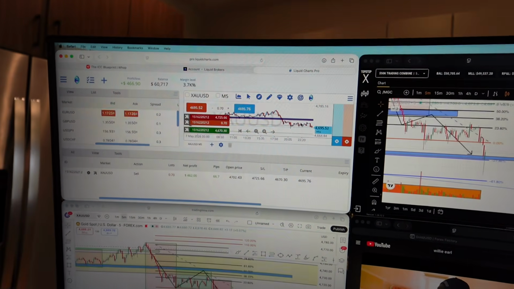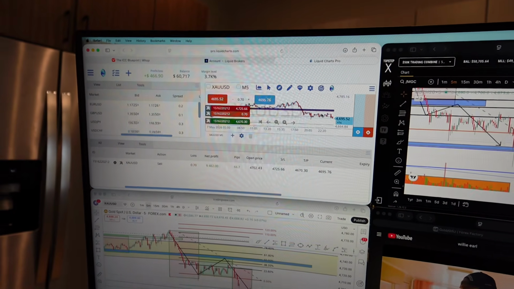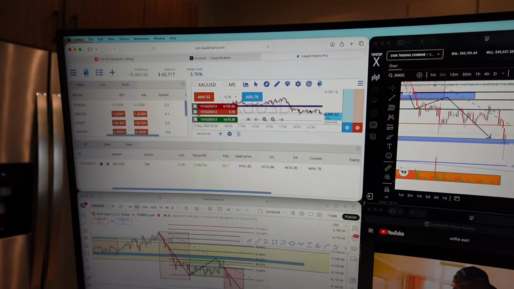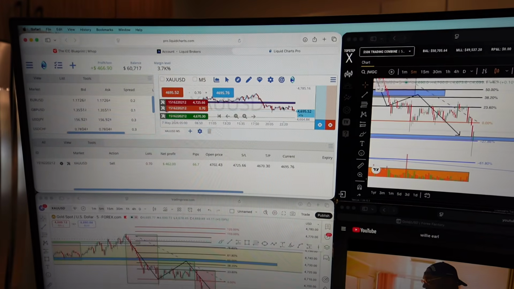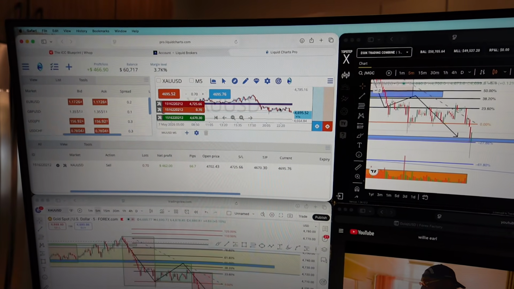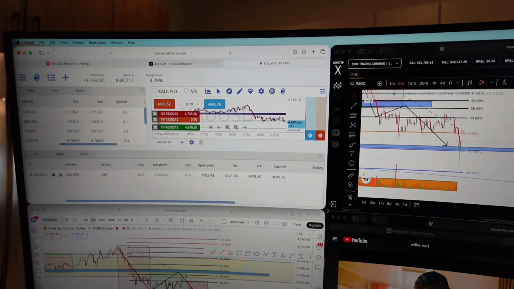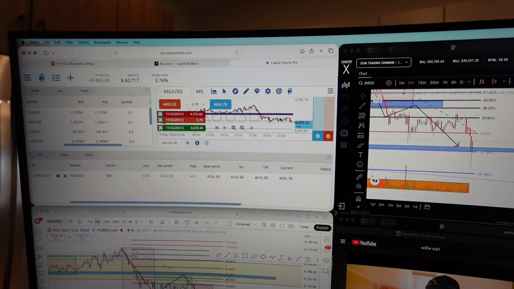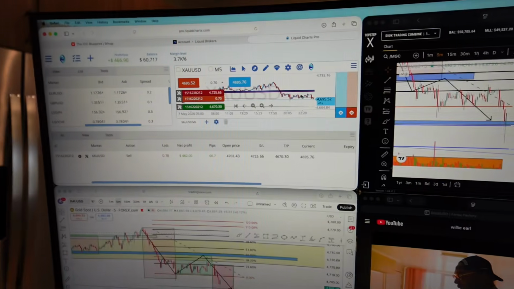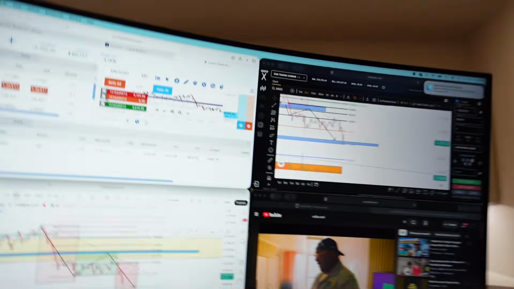Currently floating 46, 66. It's taking forever to open though. Yeah, it's taking a minute to open. I don't know what's taking it so long.